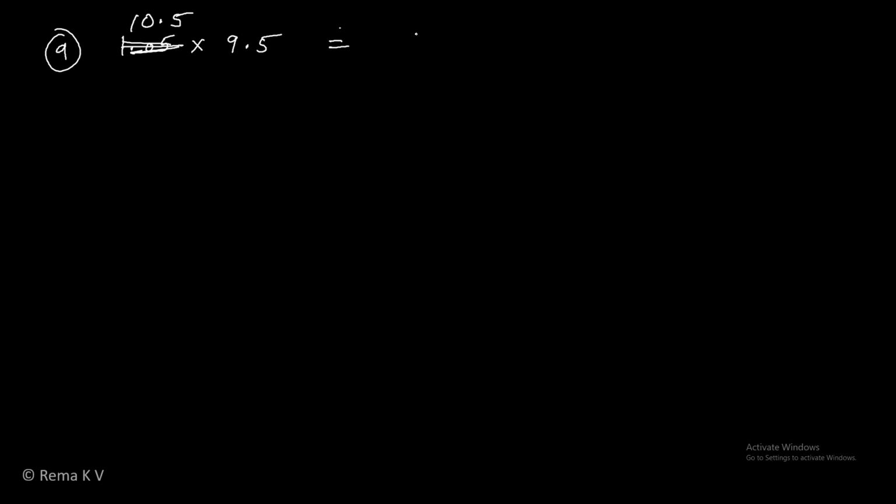How can you write this? This can be written as 10 plus 0.5 into 10 minus 0.5. Now this is of the form a plus b into a minus b. 10.5 is 10 plus 0.5, 9.5 is 10 minus 0.5.